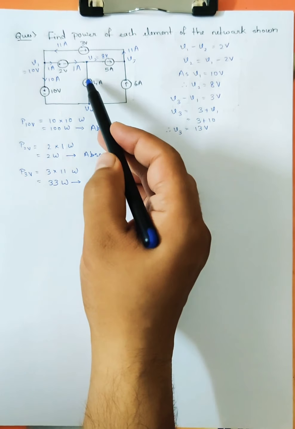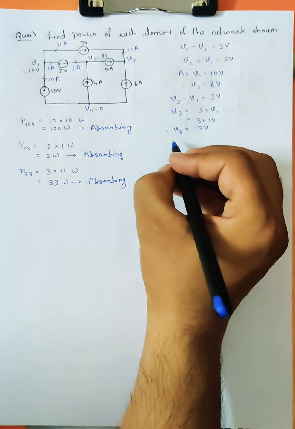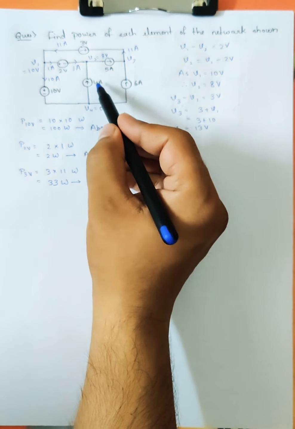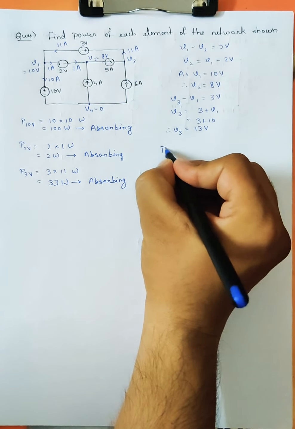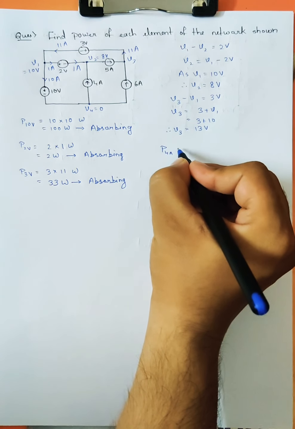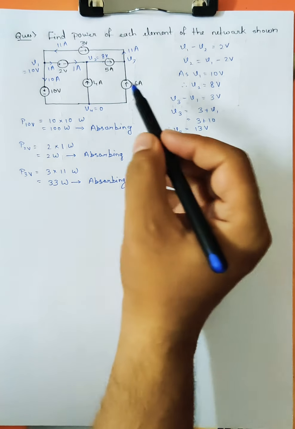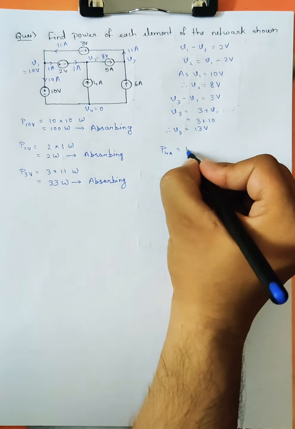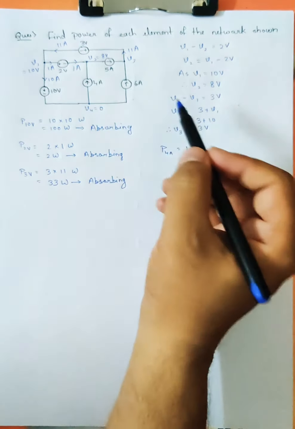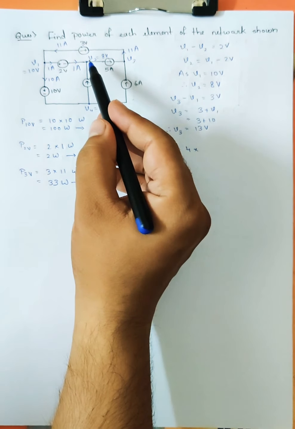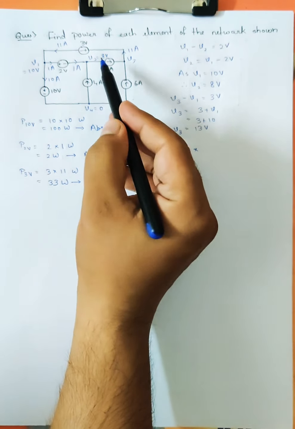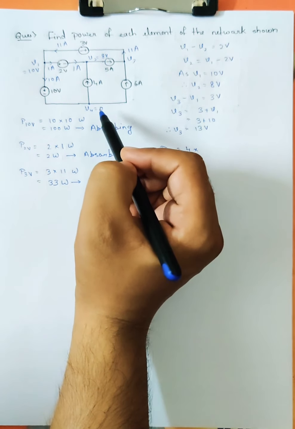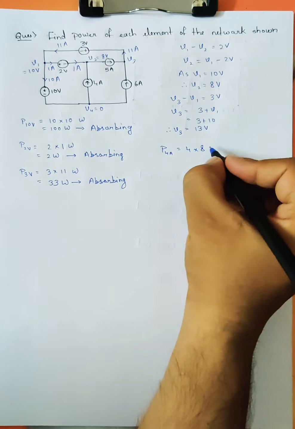Now we will take the current sources. We will take this 4 ampere first. P 4 ampere will be equal to current into voltage across this current source, that is V2 minus V4, and V2 minus V4 is 8 minus 0, so it will be 8.